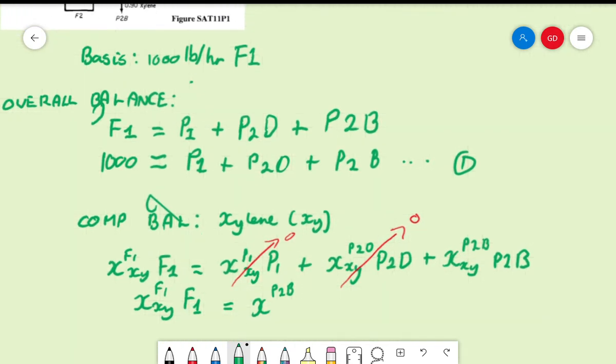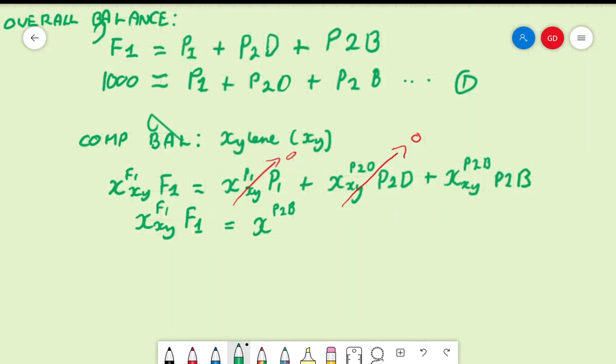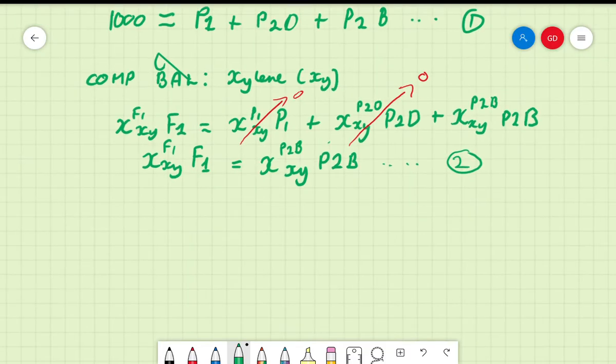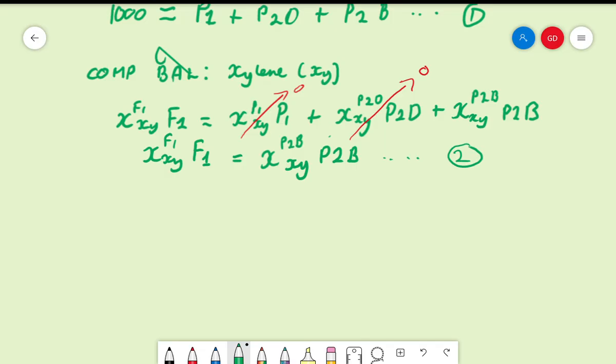So now you've got the xylene fraction in P2B, and then you've got P2B. That's your second equation, and it can easily be solved because now we have only one unknown.